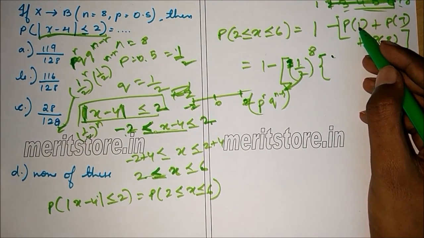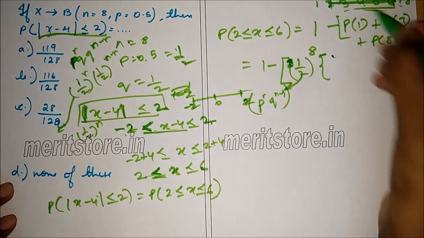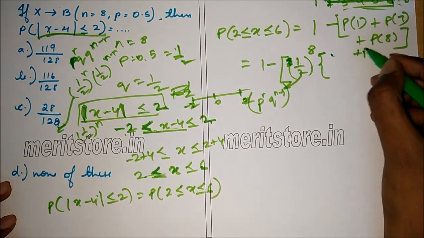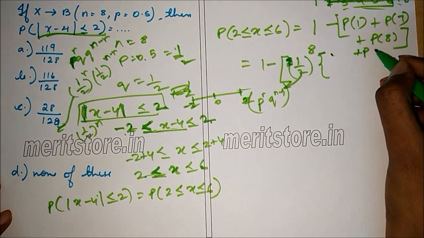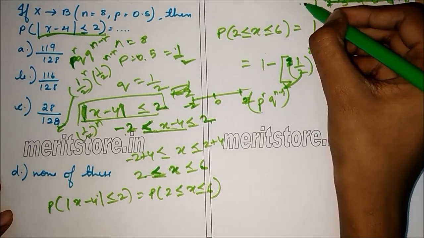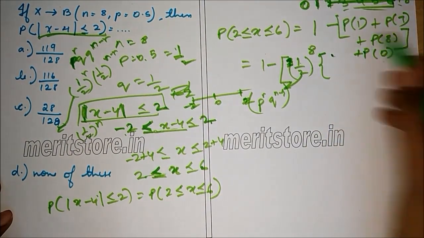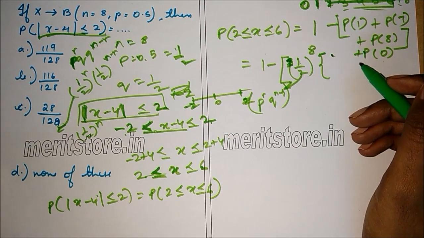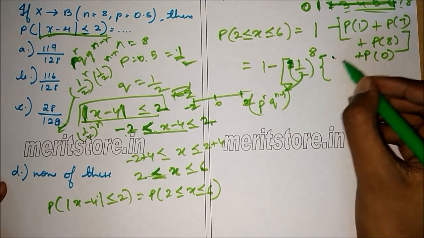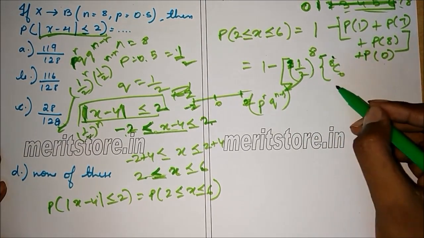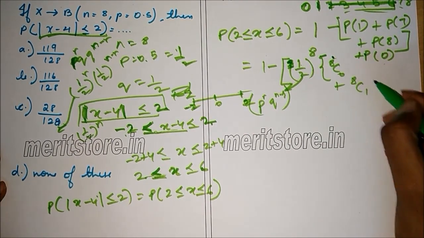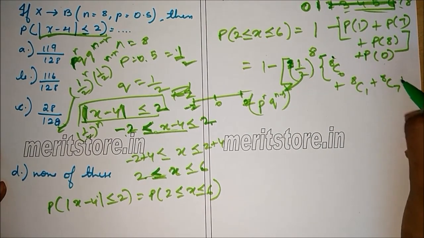So r for this is 1. This will also include the term for 0, so this will be 8C0 plus 8C1 plus 8C7 plus 8C8.